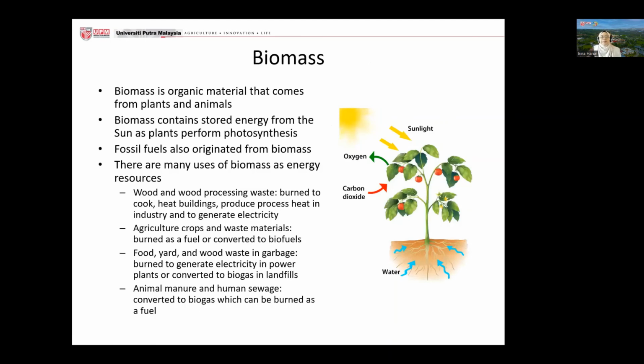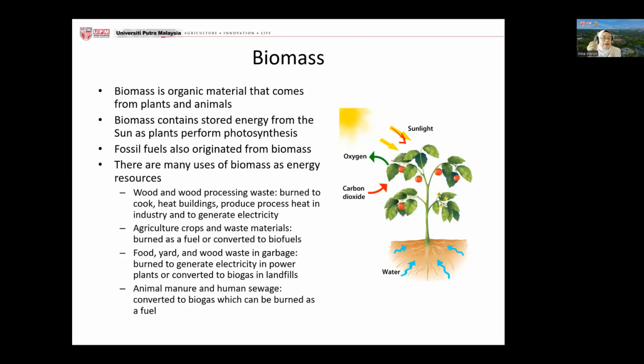Now, biomass. Biomass is organic material. So whatever is organic material around you is called biomass. It comes from plants and from animals. It all actually contains stored energy from the sun, because the sun provides the sunlight for the plants to perform photosynthesis.